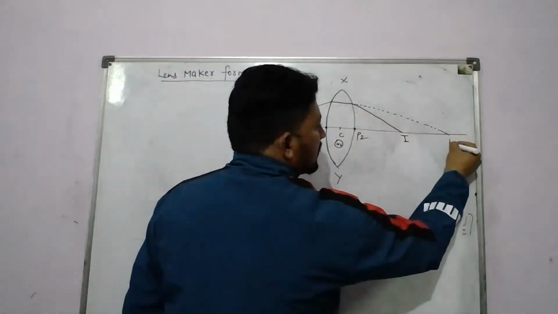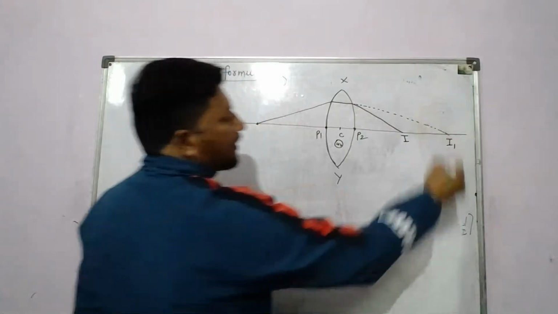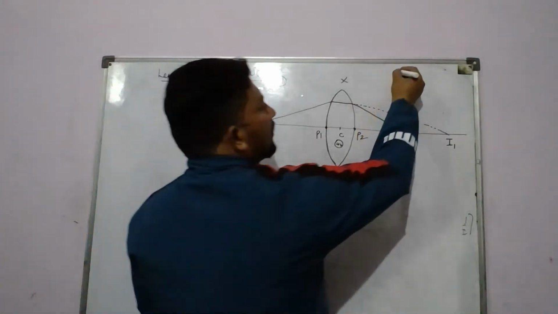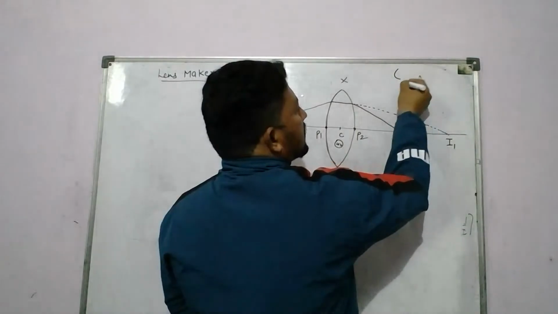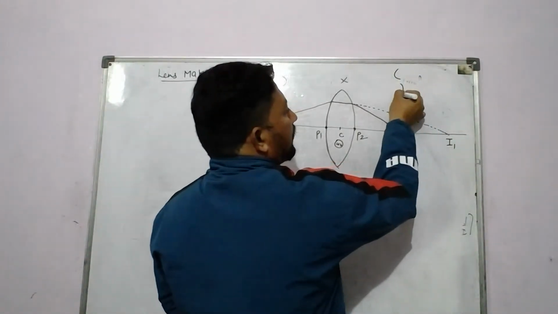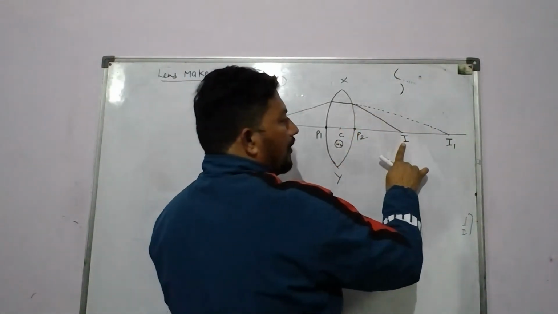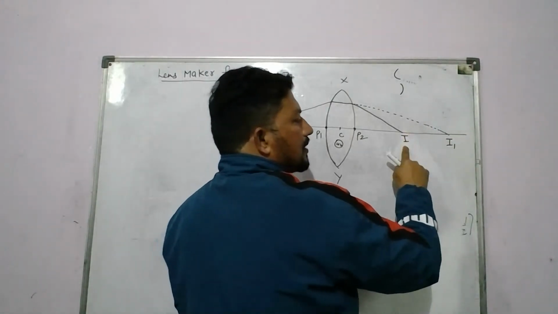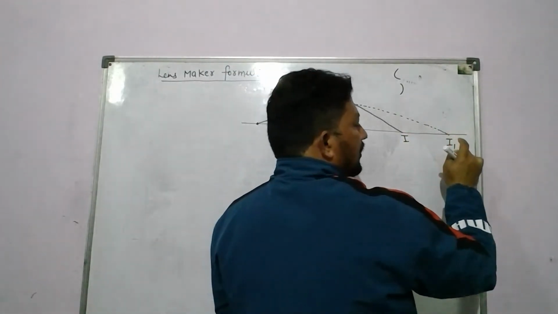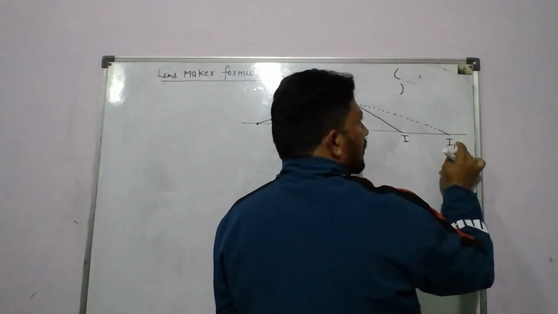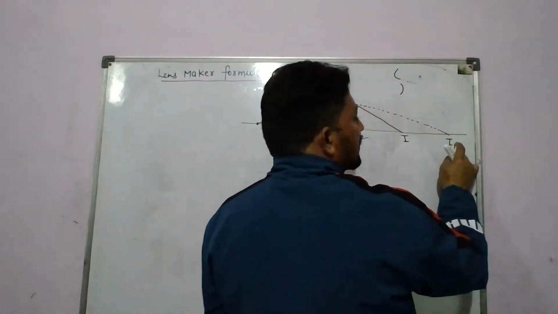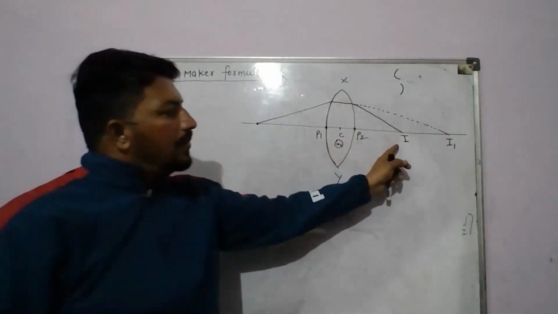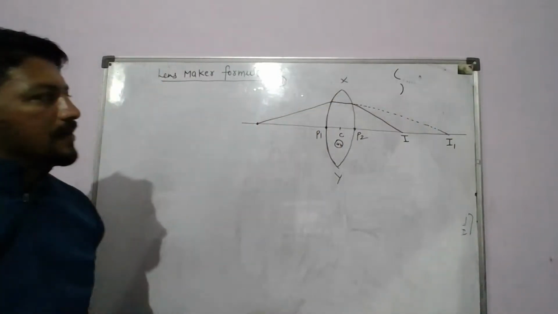So image I1 is formed. Again, understand: this is convex and this is concave. The image of the convex spherical surface is the object for the concave spherical surface. So this is the object and this is the image.